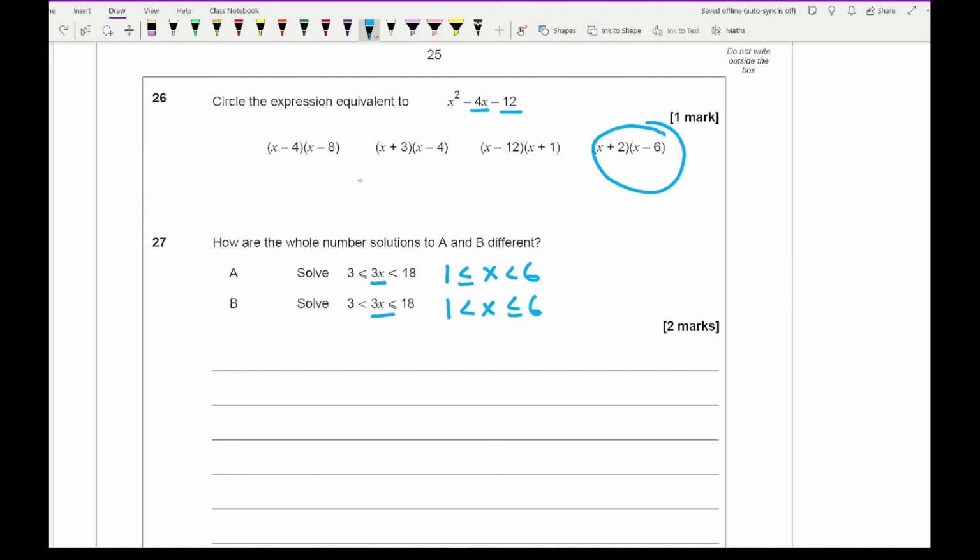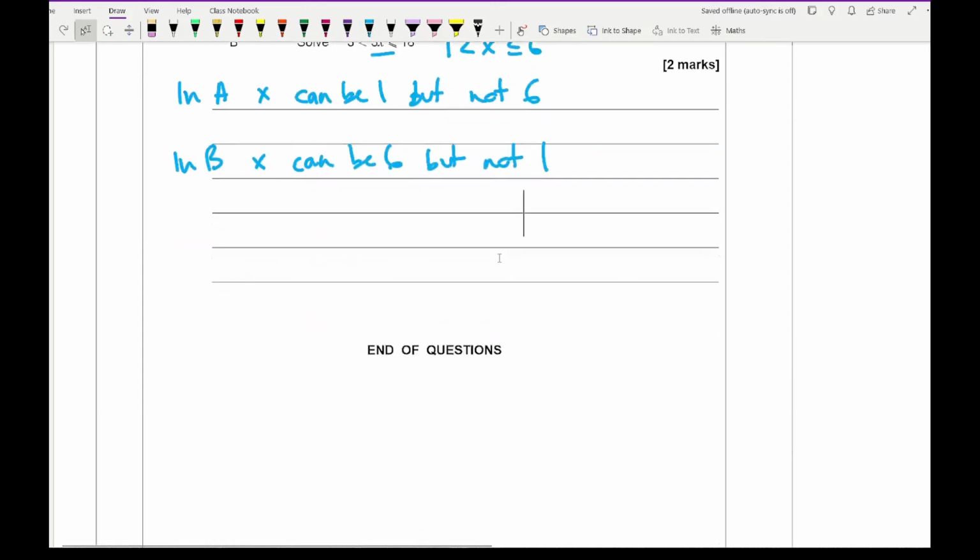So how are they different? Well, in A, x can be 1 but not 6, and in B, x can be 6 but not 1. Again, pretty simple.